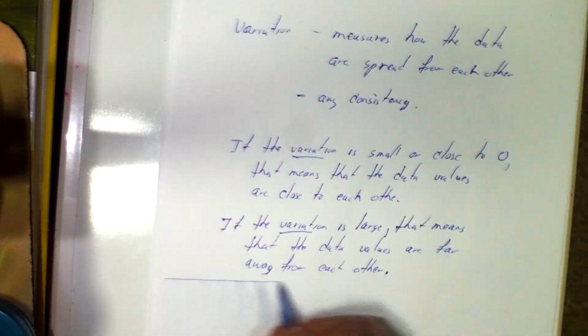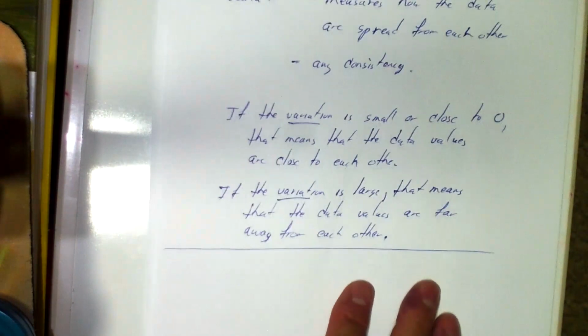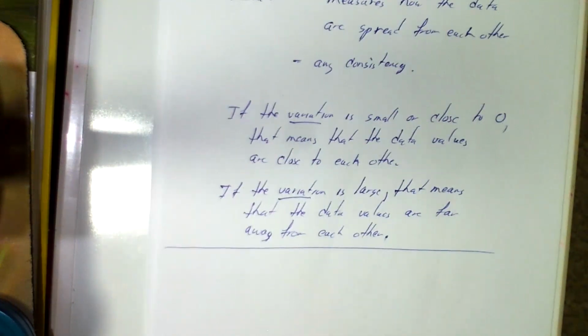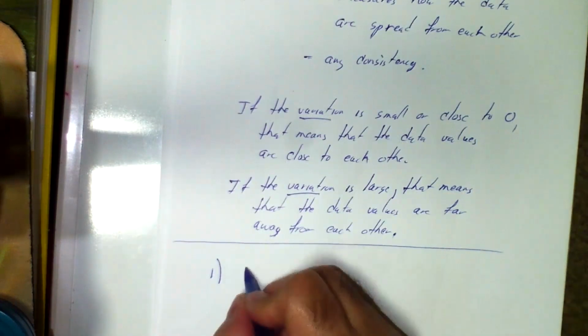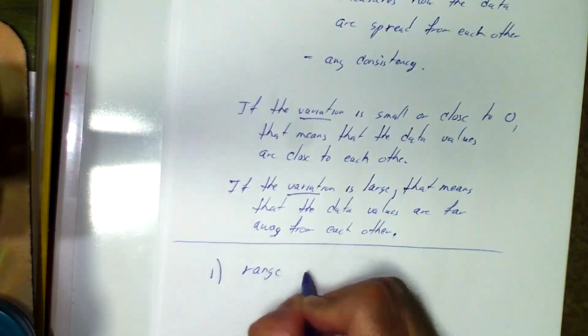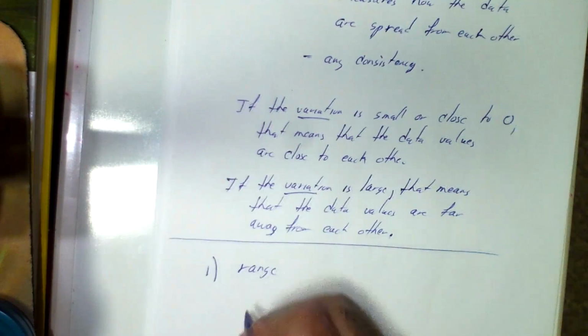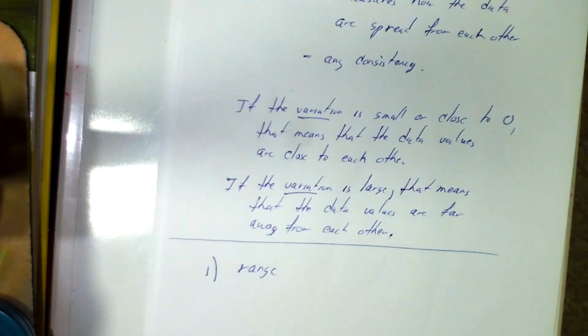So there are three ways that we can measure variation. The first one is called the range. We use a capital R notation to represent range.